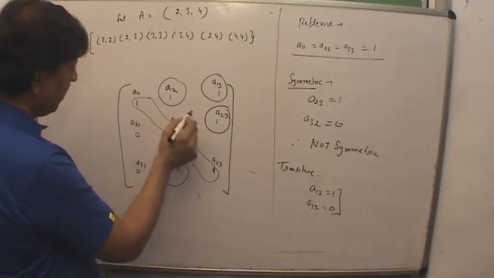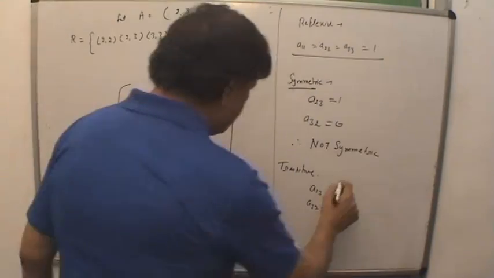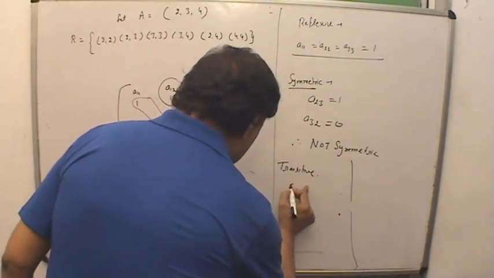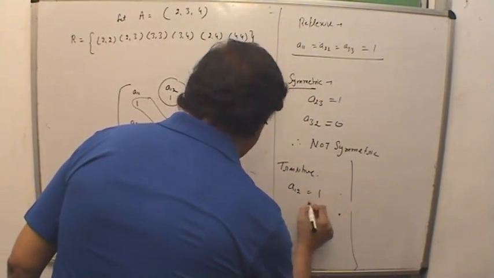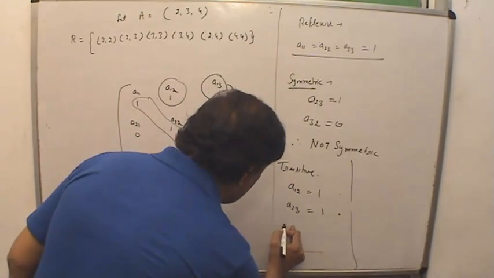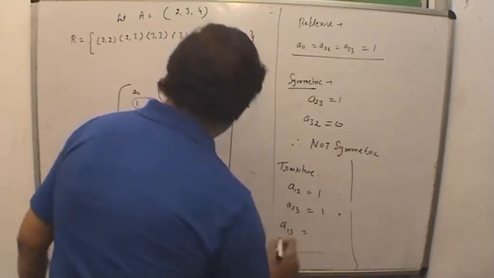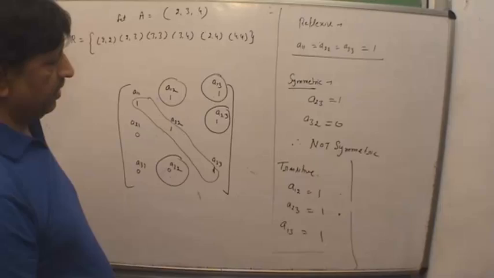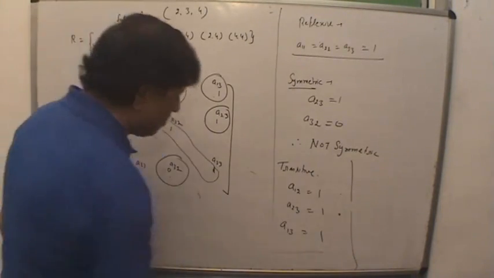A12 and A23. In this second example, we consider A12 is equal to 1, A23 is equal to 1. Then what about A13? A13 again is equal to 1. It means it is transitive.